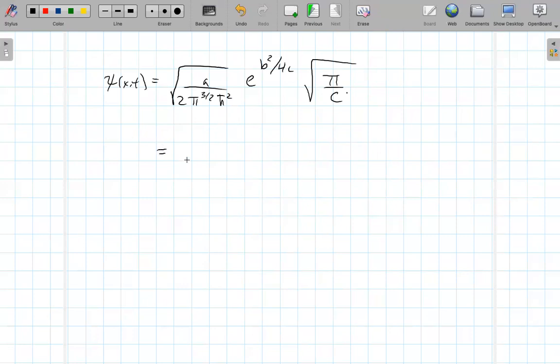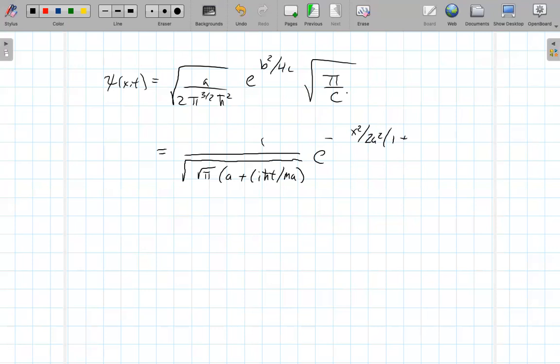Once I finally put in what a and b are, this works out to be equal to 1 over the square root of pi times (a plus i h bar t divided by m a), times e to the minus x squared divided by 2a squared times (1 plus i h bar t divided by m a squared).